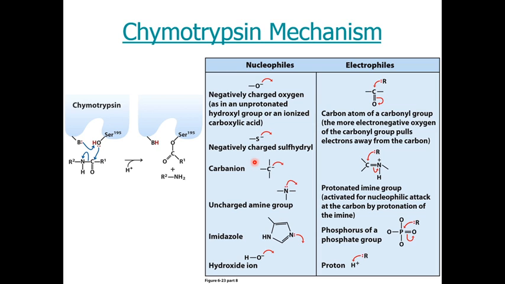S- is a negatively charged sulfhydryl group. When cysteines are deprotonated, you get S-. When serines are deprotonated, you get O-. Carbanion, C-, is a nucleophile.